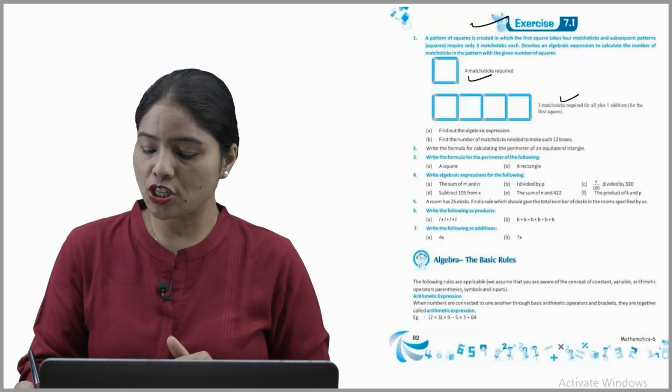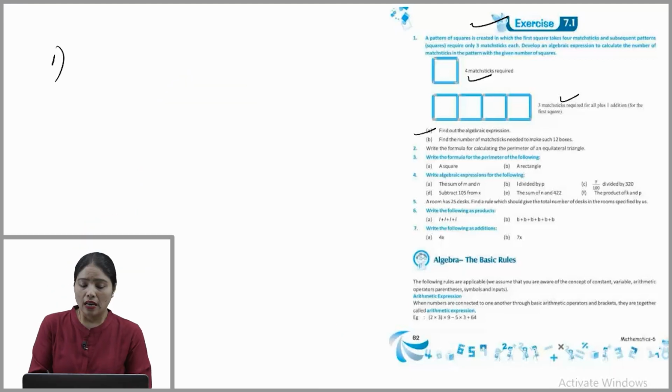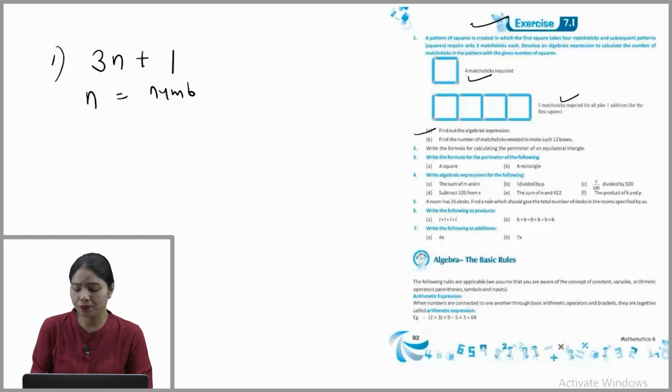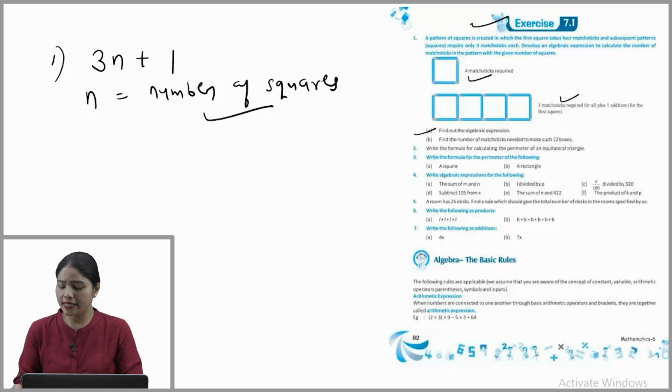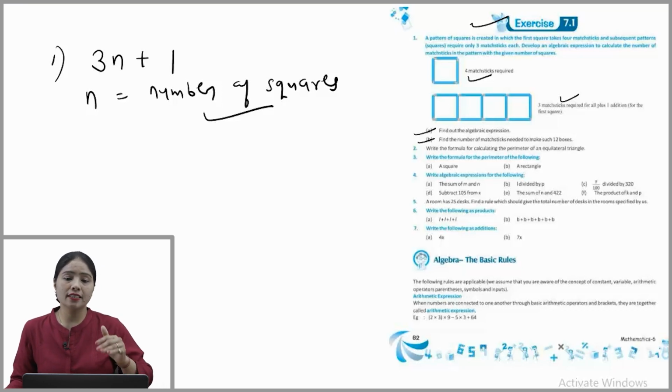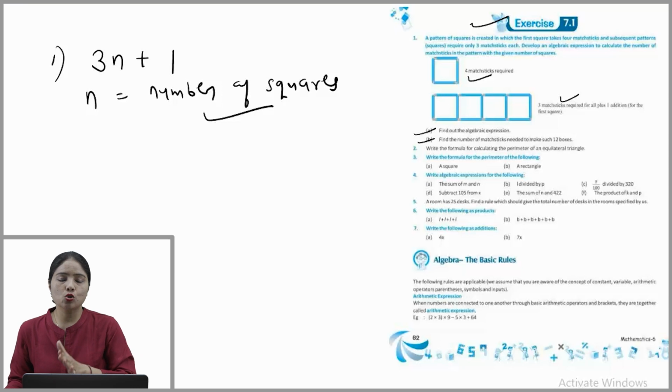So the expression we get is 3n plus 1. That means n is the number of squares, beta. And part B is: find out the number of matchsticks needed to make such 12 boxes.